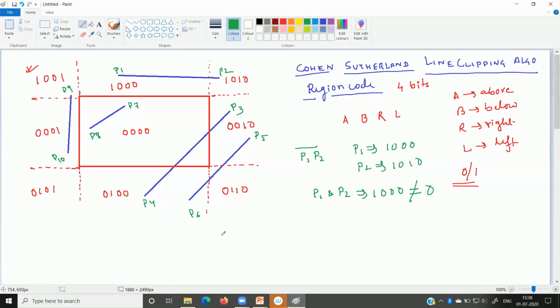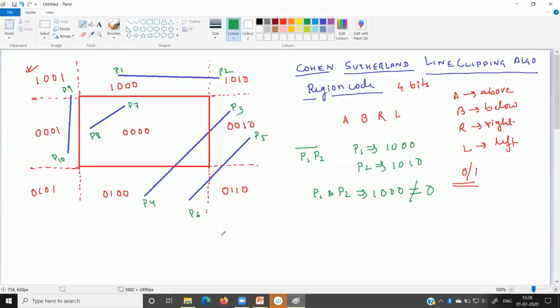So the Cohen-Sutherland line clipping algorithm says to find the region code for both points of the line segment and perform the AND operation. If the output is not equal to 0, that means the output is something else, then that line segment is totally outside of the region.